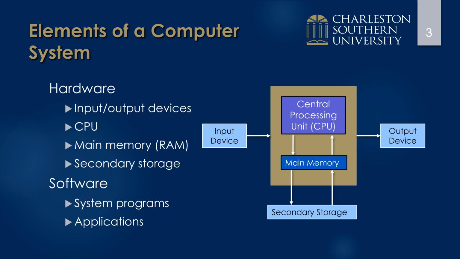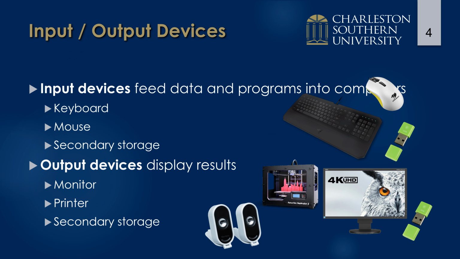So let's talk about each of those more individually. First of all, let's talk about input devices, because that's the first step in the process. You need to get some input to be processed. Input devices can be keyboard, mouse, they can also be secondary storage a little bit if you think about getting input from a CD-ROM drive or a flash drive or the internet. Those would all be input devices to your computer system.